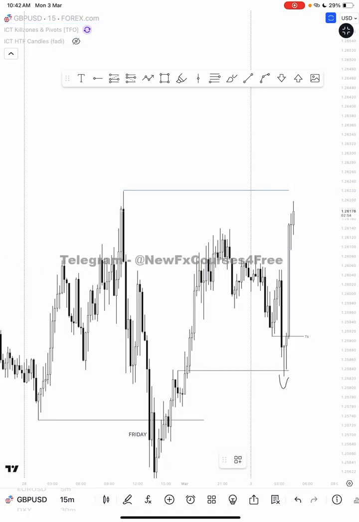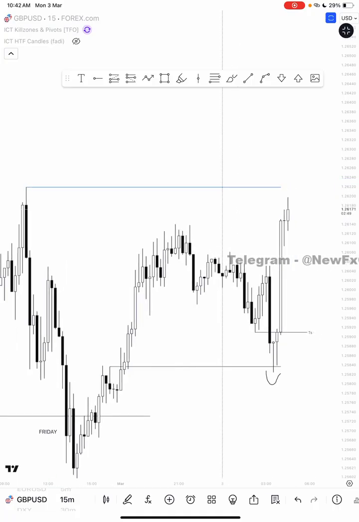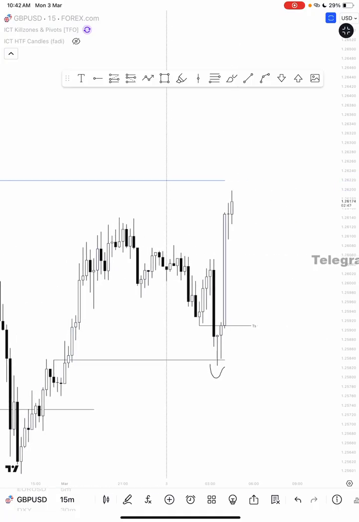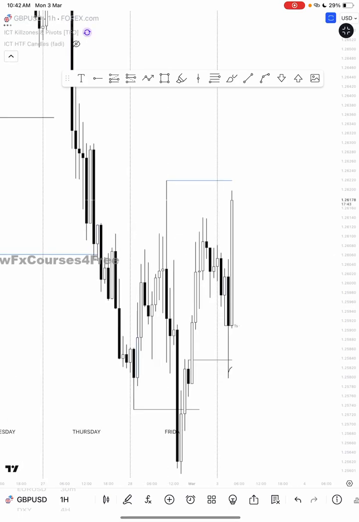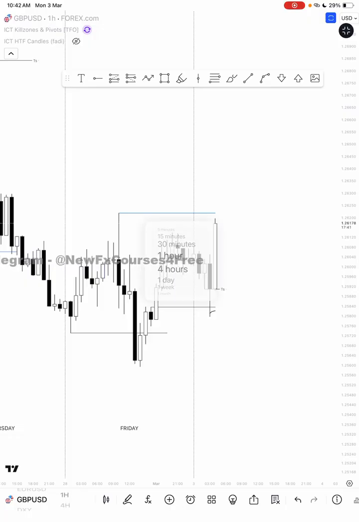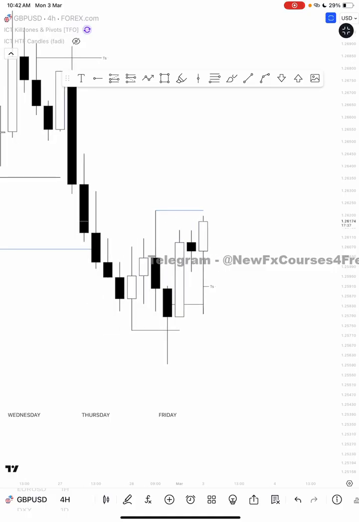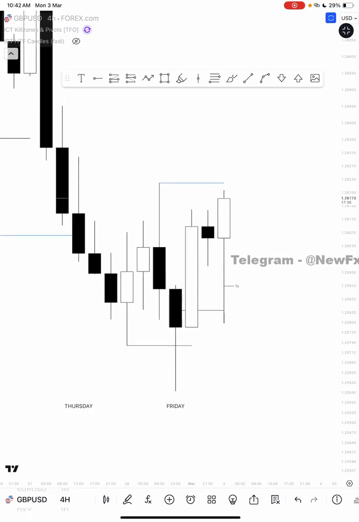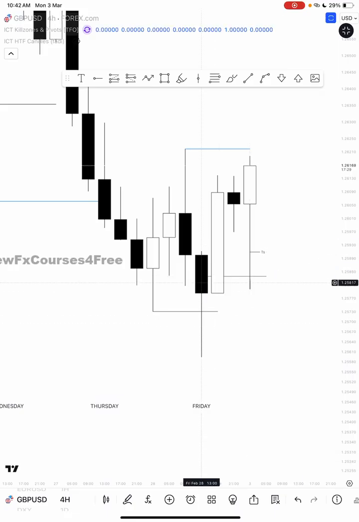So if you got any question on draw on liquidity or daily buyers, you can do well to actually message me on Telegram. So you can see here the key level is the midpoint of this order block.